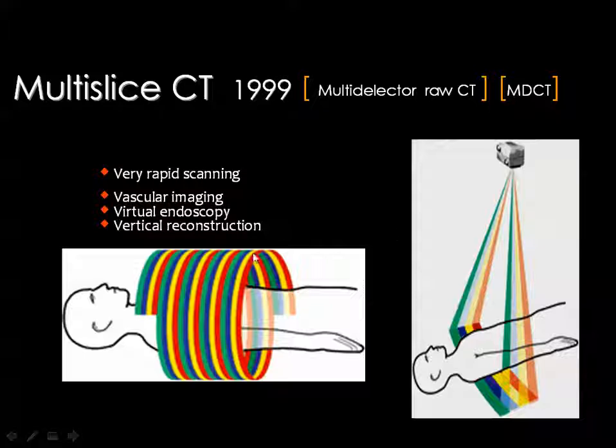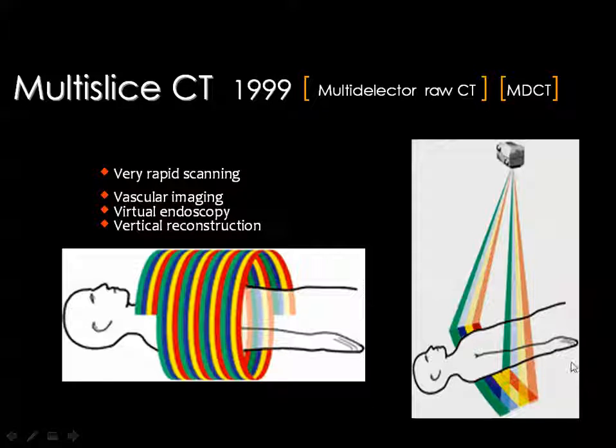Then per tube rotation you will get four sections. Then the CT scan of the chest is now done in about 3 minutes or even less. And this is known as multi-slice because per tube rotation you have many slices, or multi-detector because you have too many detectors in front of the X-ray tube.